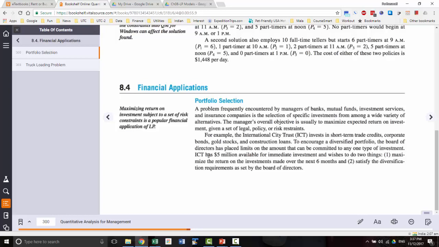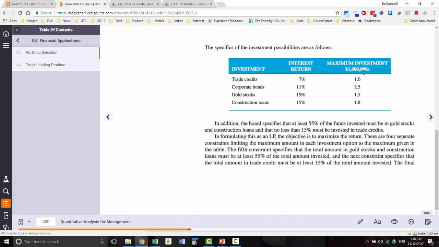ICT, the International City Trust, has $5 million available for immediate investment, and wishes to do two things: maximize return on investment made over the next 6 months, and satisfy the diversification requirement set by the board of directors. The diversification constraint comes from this.